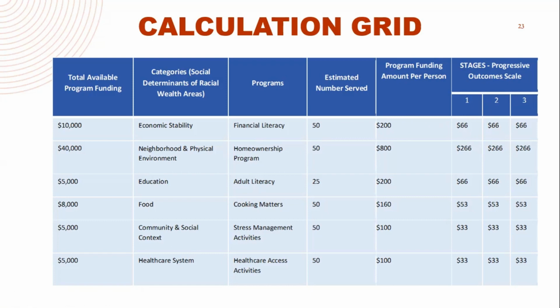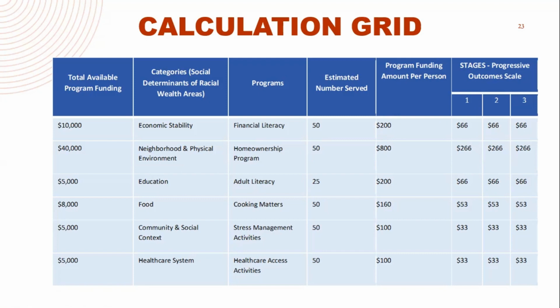So we definitely don't want to get to the end of the program and just have everyone still at stage 1. Our goal is to have everyone attain stage 3. Once everyone attains stage 3, then we have successfully fulfilled our intended obligation of reaching that $200 per person.